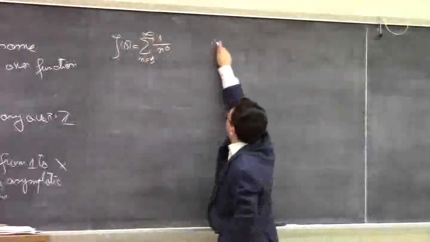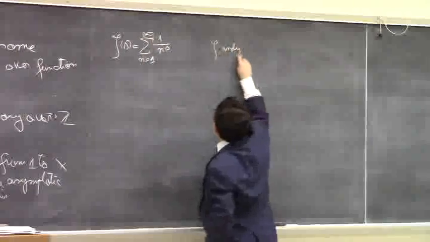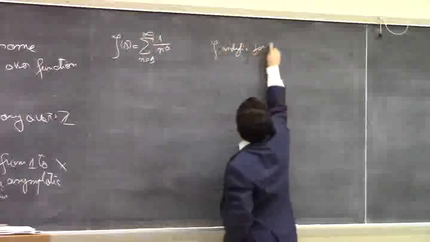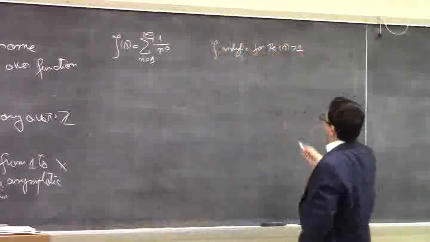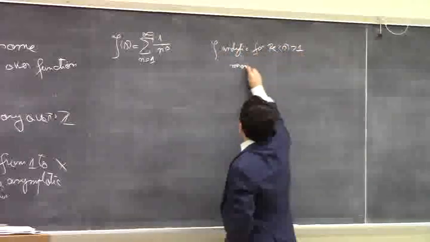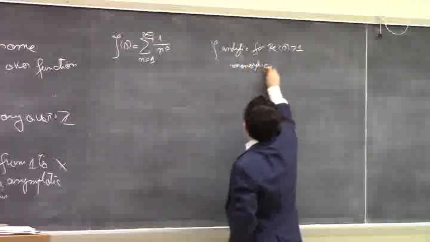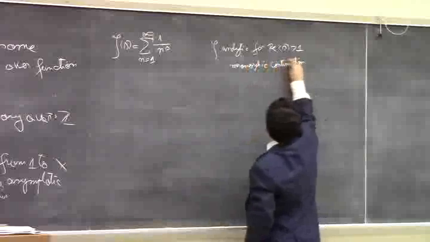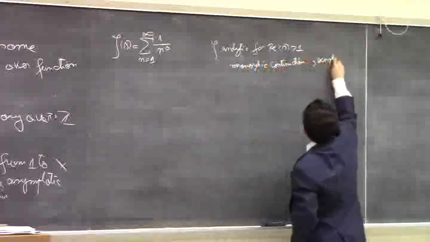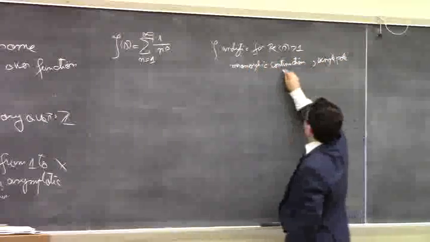So we know this is analytic for the real part bigger than 1. Then you have a meromorphic continuation to the whole plane, and a simple pole at s equals 1.